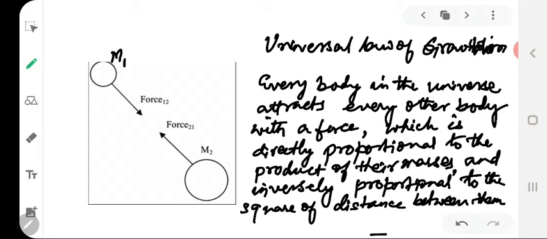Now this means it is inversely proportional to the square of the distance between their centers.